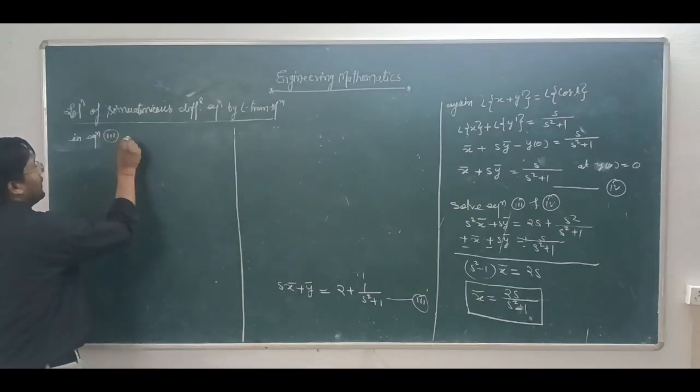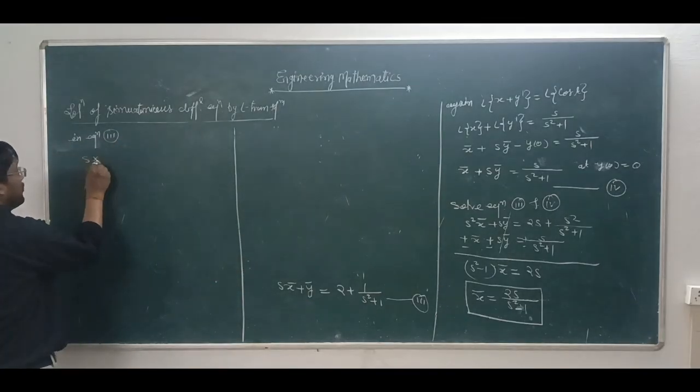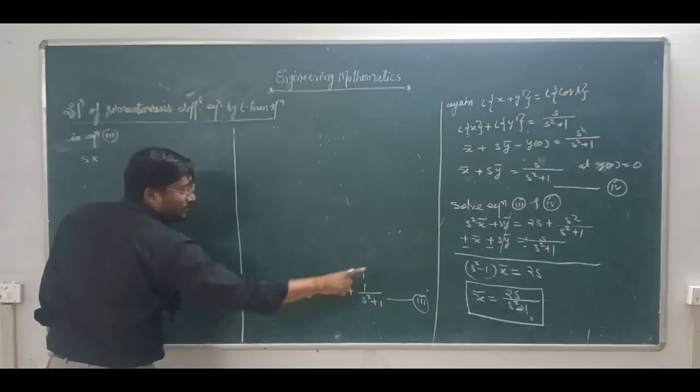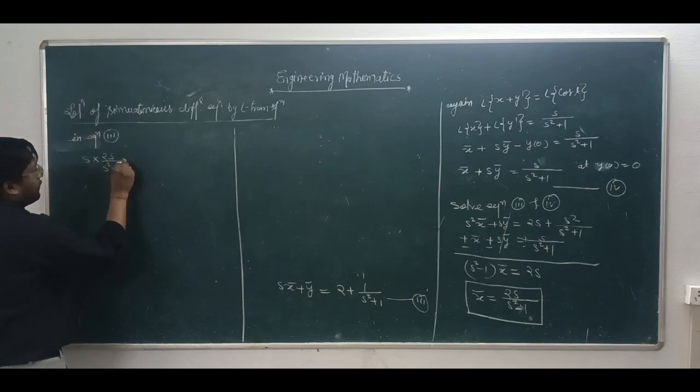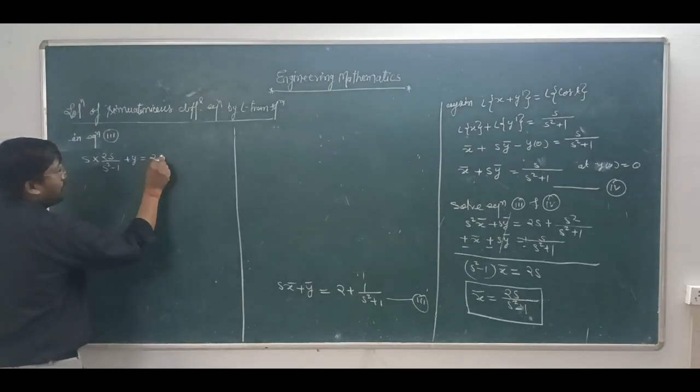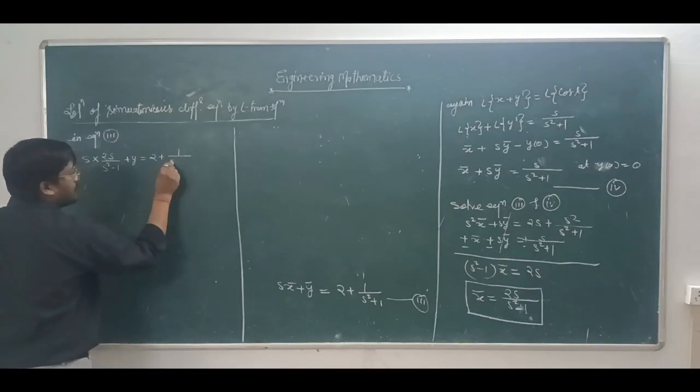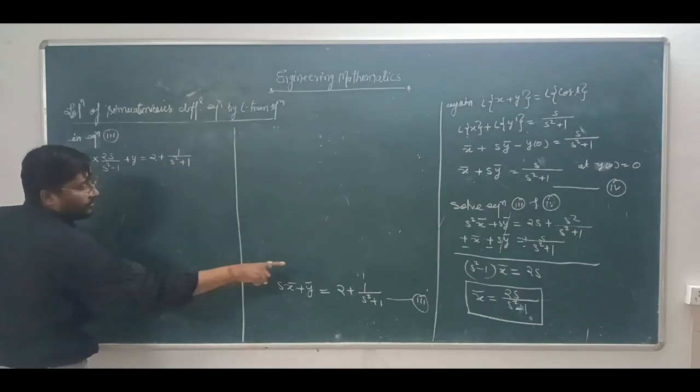Now put the value of x bar, 2s upon s square minus 1, plus y bar is equal to 2 plus 1 upon s square plus 1.